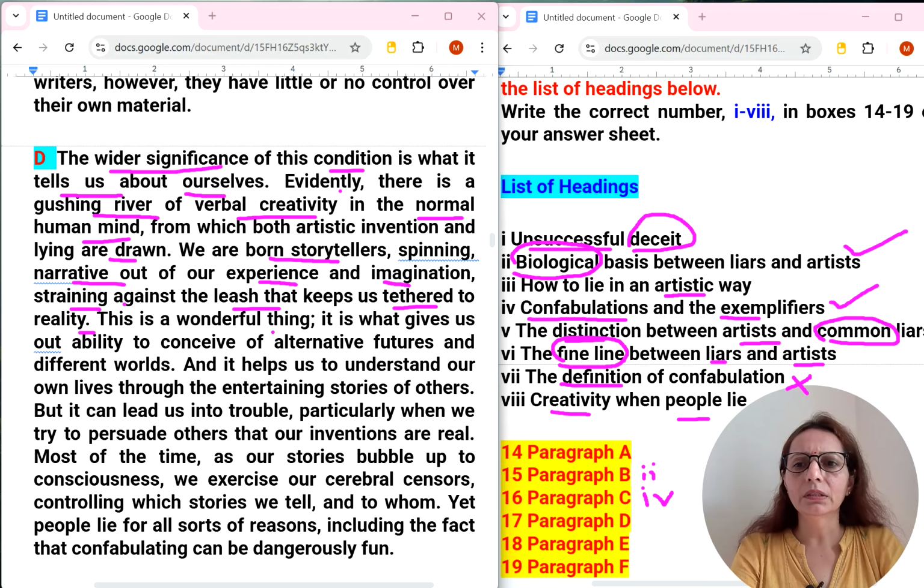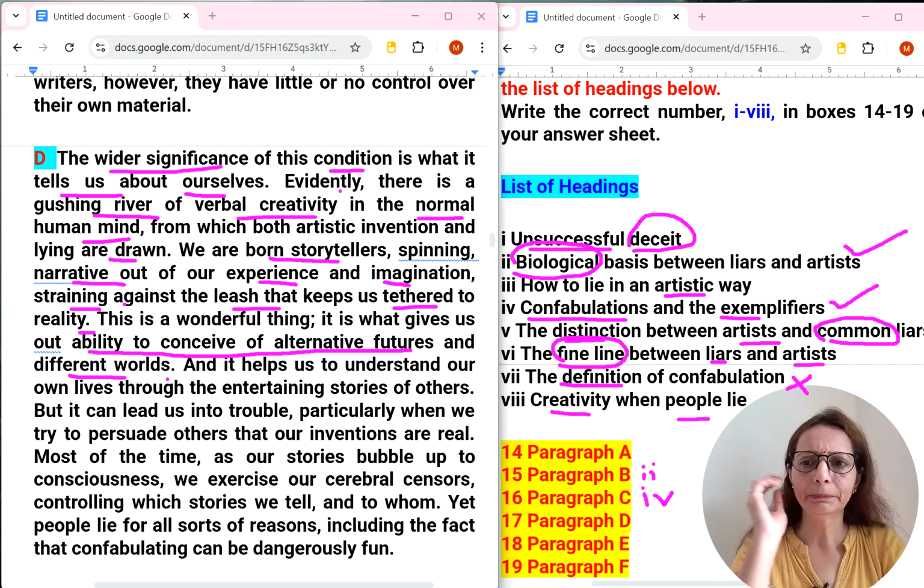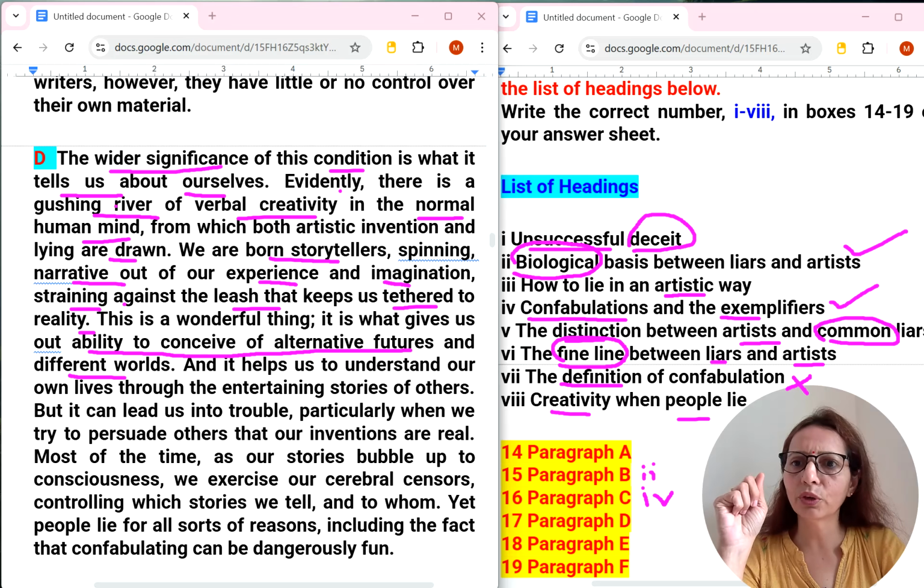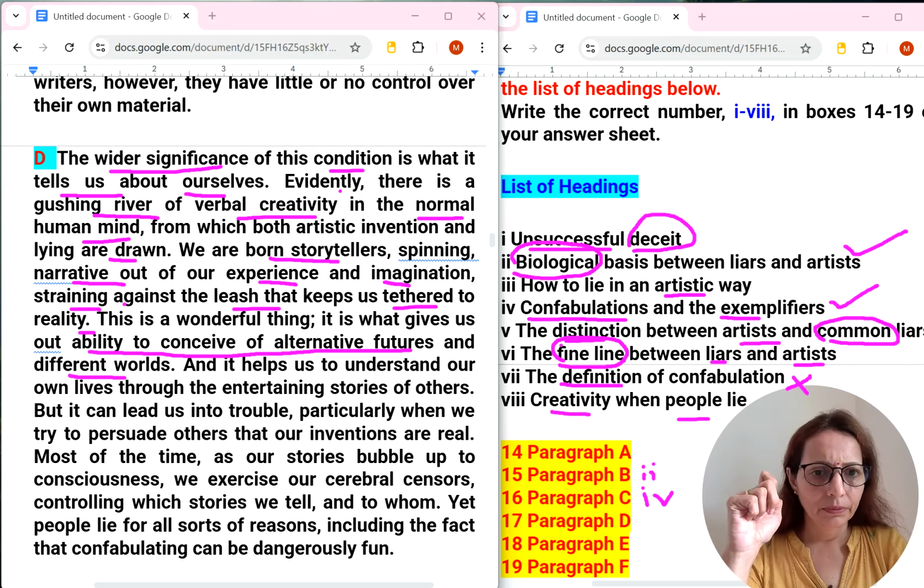This is a wonderful thing, as it is what gives us our ability to conceive of alternative futures and different worlds. So what they are saying, the wider significance of this condition, the confabulation condition, is what it tells us about ourselves. We are doing D number paragraph now.